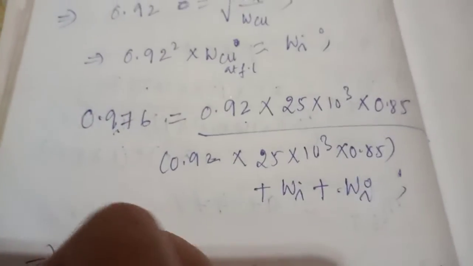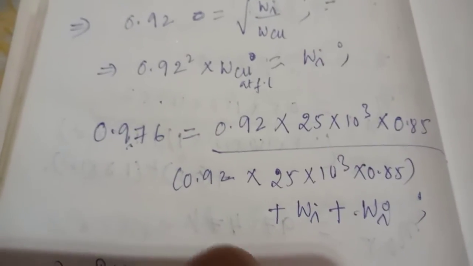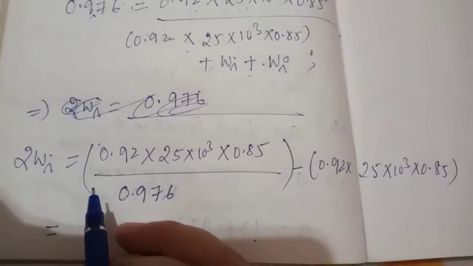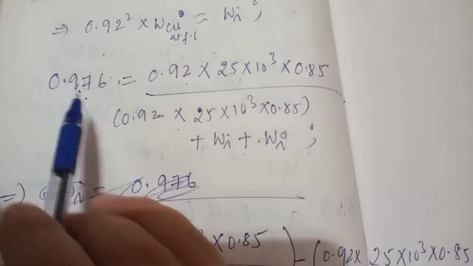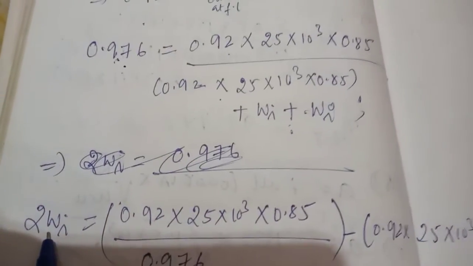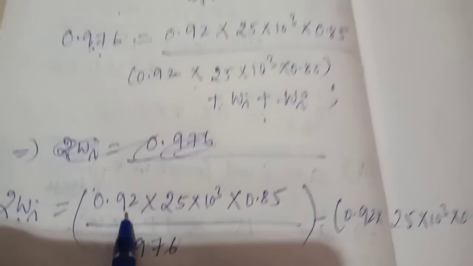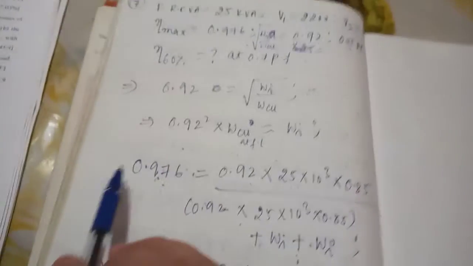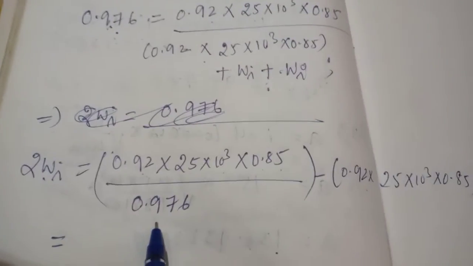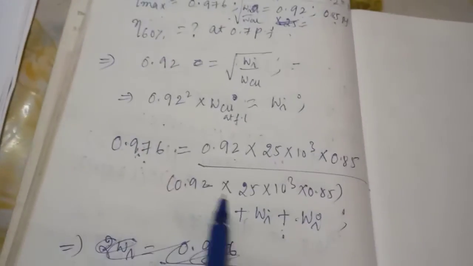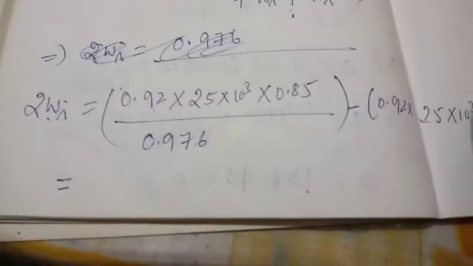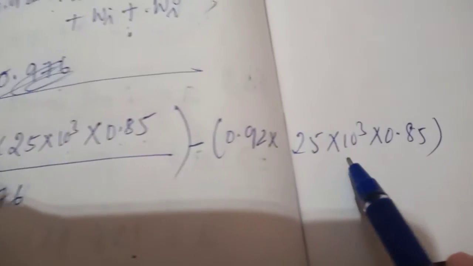So this will give you 2 Wi. So this implies 2 Wi must be equal to 0.92 into 25 into 10 to the power of 3 into 0.85 divided by 0.976, this will come to the denominator, minus 0.92 into 25 into 10 to the power of 3 into 0.85.